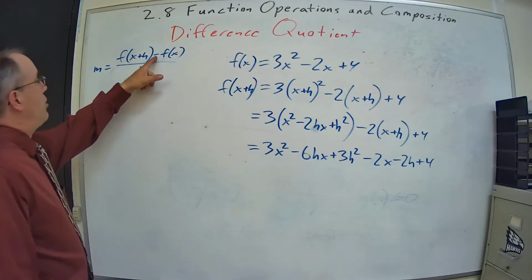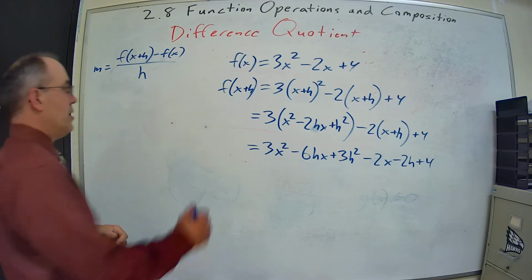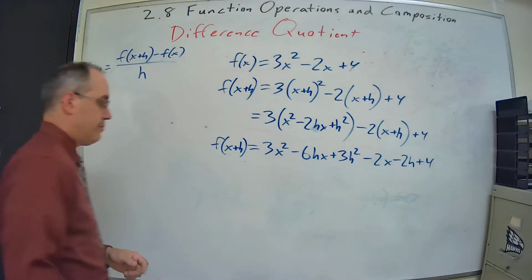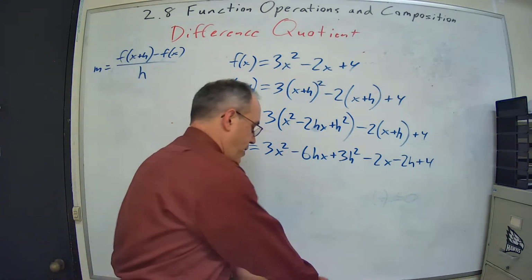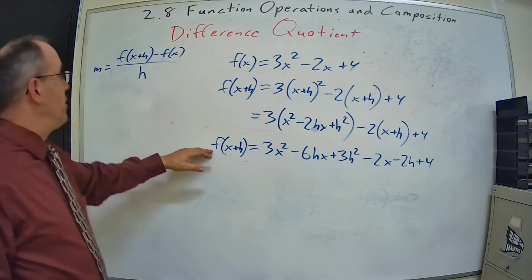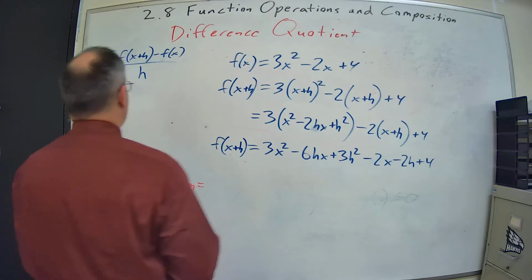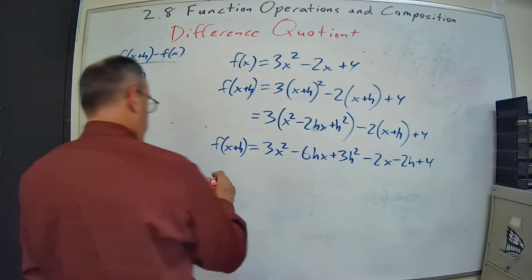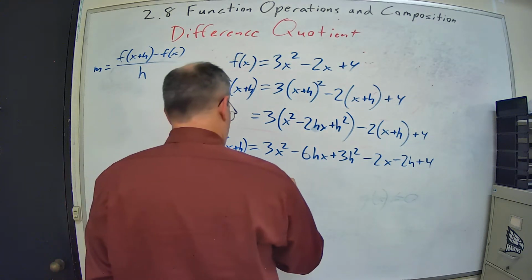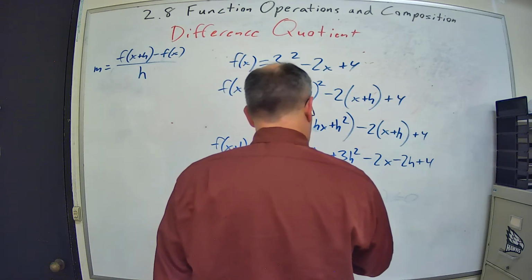So now we're going to plug this into m equal to f of x plus h minus f of x. So let me just label that clearly as f of x plus h. And we're going to go to red again. We have f of x and we have f of x plus h, so we're going to plug it into here. So m is equal to f of x plus h, which is 3x squared plus 6hx plus 3h squared minus 2x minus 2h plus 4.